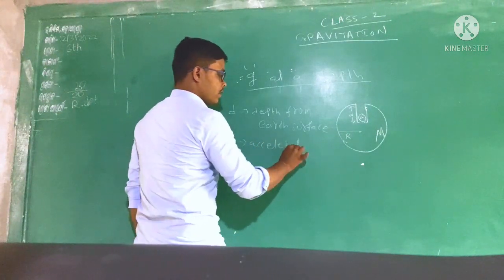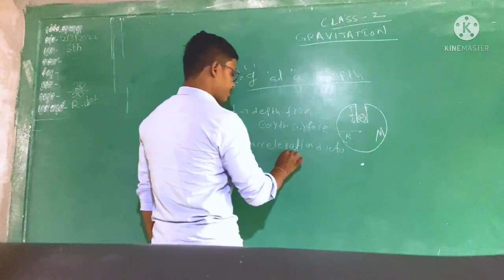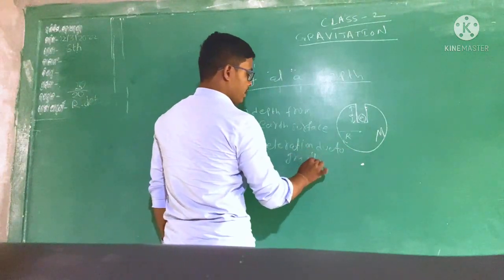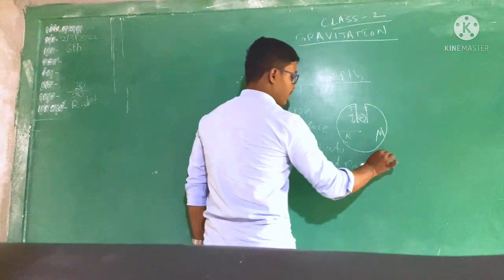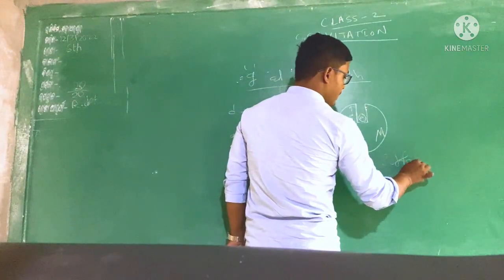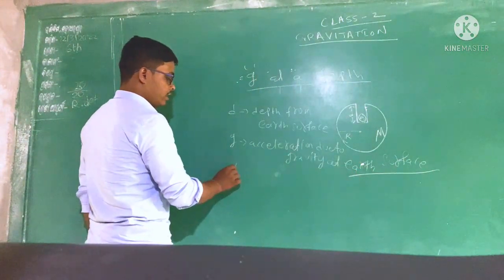at earth surface. At earth surface, this is important. Acceleration due to gravity at earth surface. But what is the value of g dash?